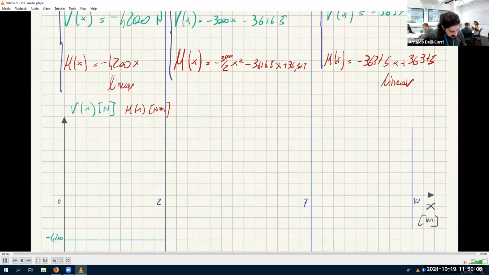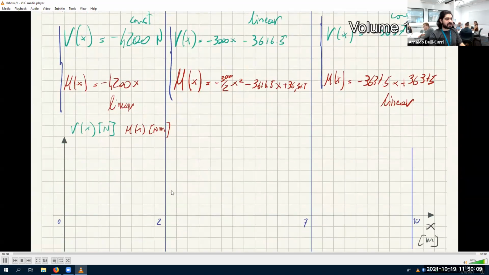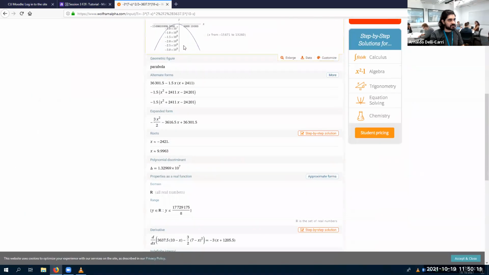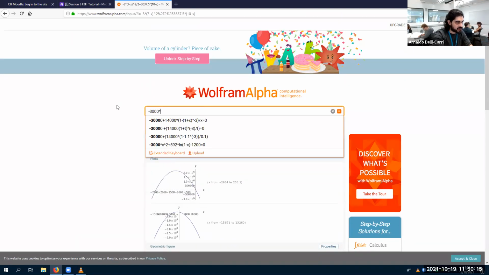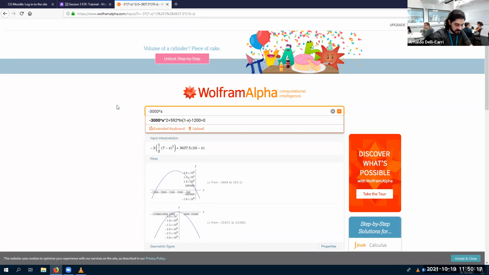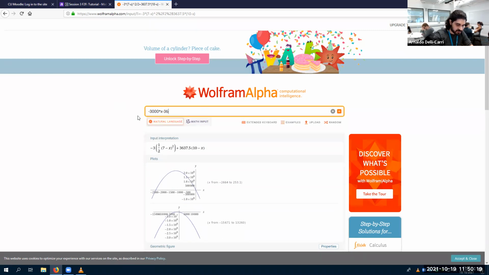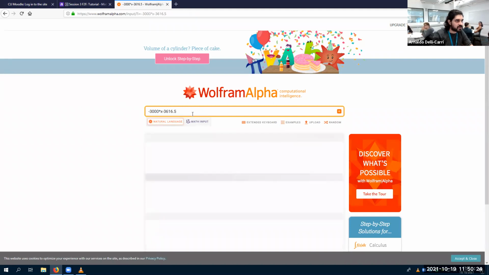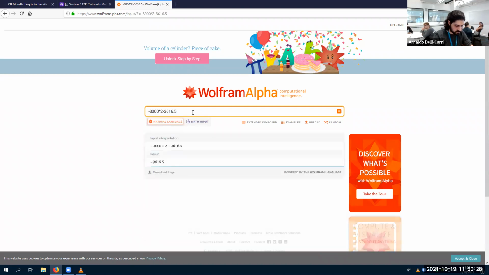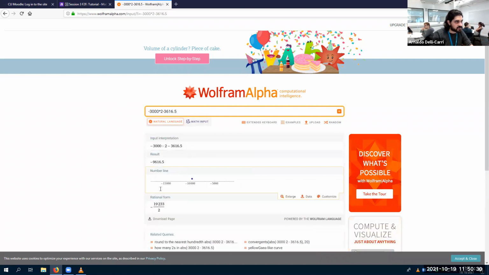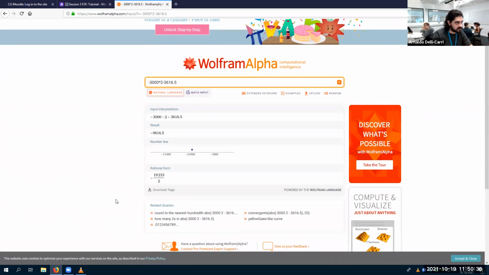So according to this, we have minus 3000x. Let me do it in Wolfram Alpha. Minus 3000x minus 3616.5, where x equals 2. We get minus 9,616.